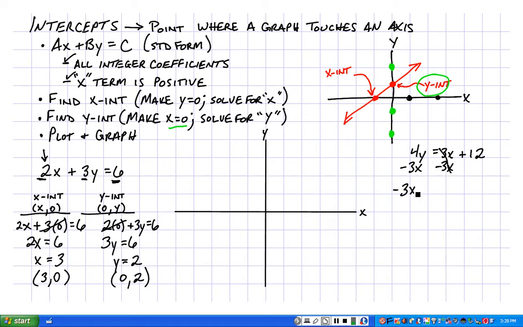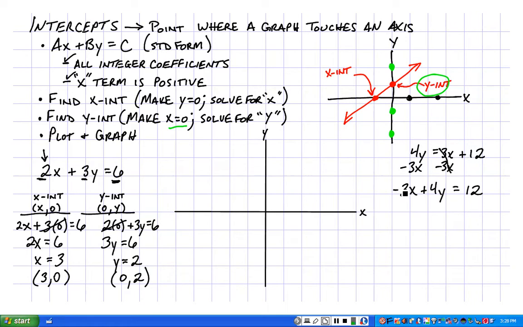Negative 3x, and my y is positive, so plus 4y. On the other side of the equal sign, I only have a 12 left because the 3x canceled. Now I have my x and my y together, my constant's on the other side, but my x is negative. That's a problem because I need my x term to be positive.